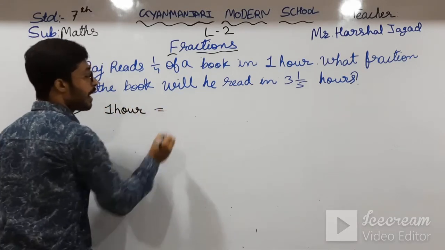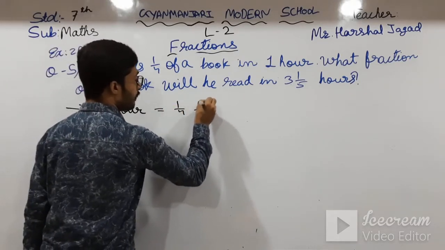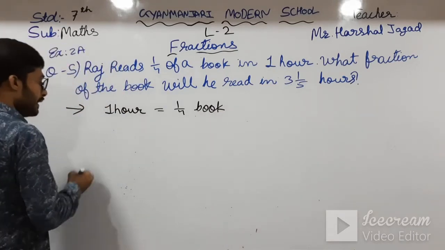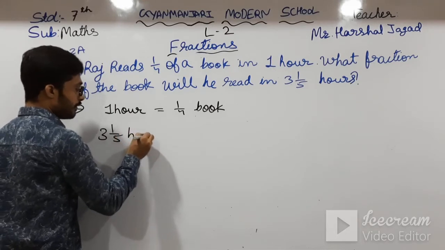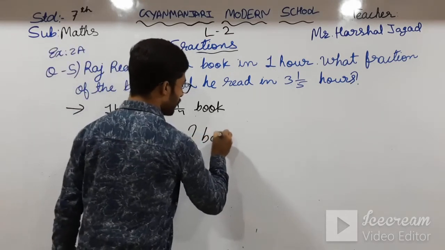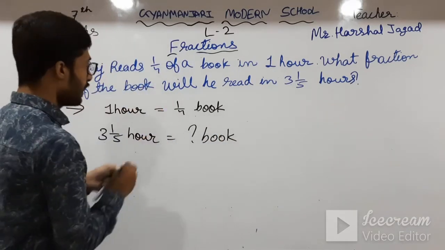Raj reads how much book in 1 hour? 1/4 book. Okay students, then in 3 1/5 hours, how much book? So in this we will cross multiply.